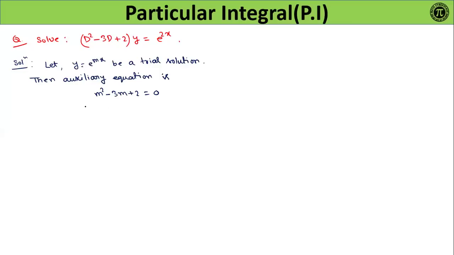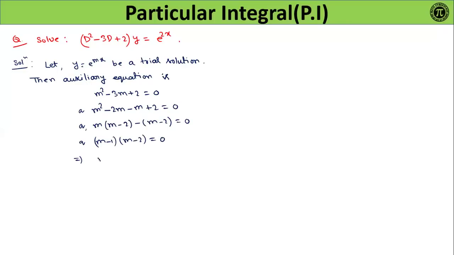Just solve this equation: m square minus 2m minus m plus 2 equals 0, or m is common, so this will be m(m minus 2) minus 1(m minus 2) equals 0. So you are getting (m minus 1)(m minus 2) equals 0. This implies m equals 1, 2. And you know, when the roots are distinct real roots, the complementary function yc is equal to c1 e to the power m1x.